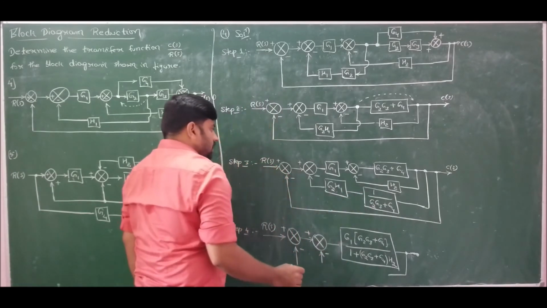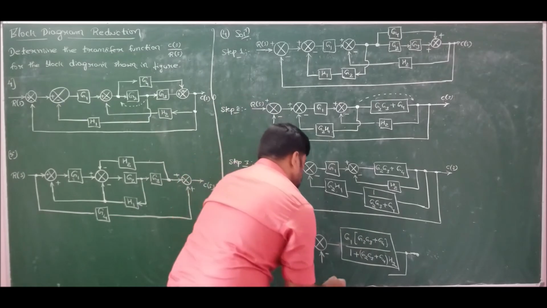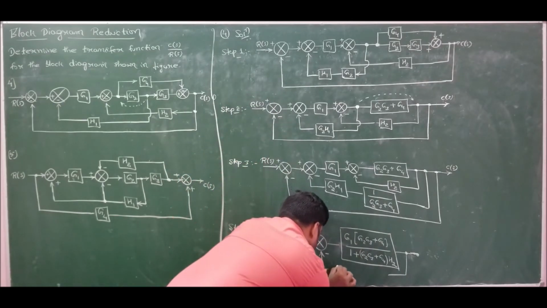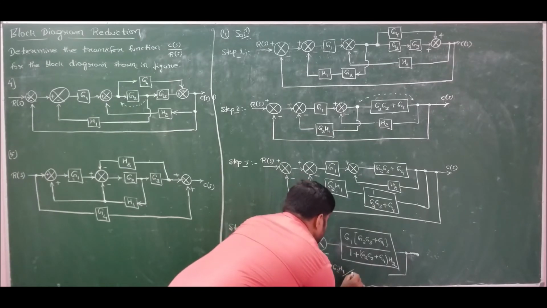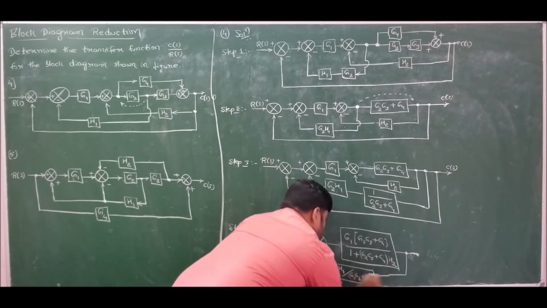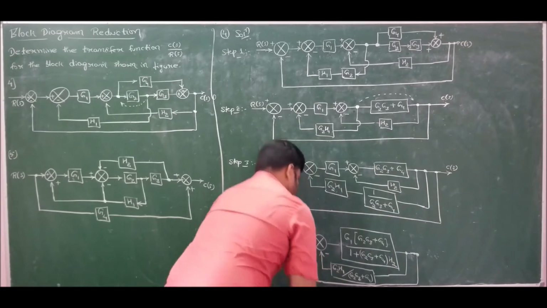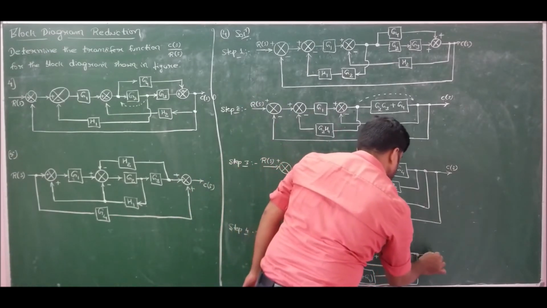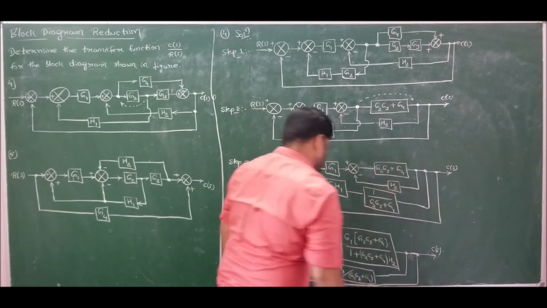It is G2 H1 divided by G2 G3 plus G4, G2 H1 divided by G2 G3 plus G4. And finally we have a unity feedback coming. So this is what we got.